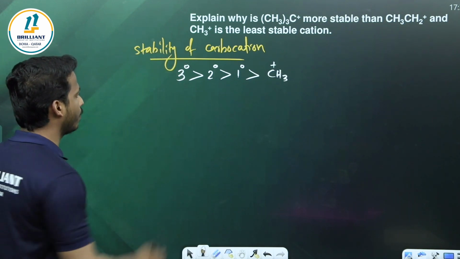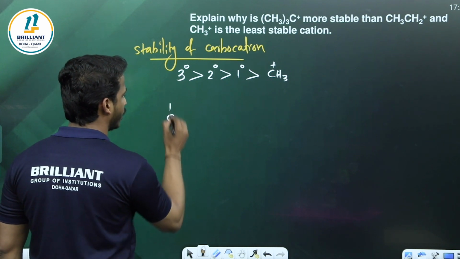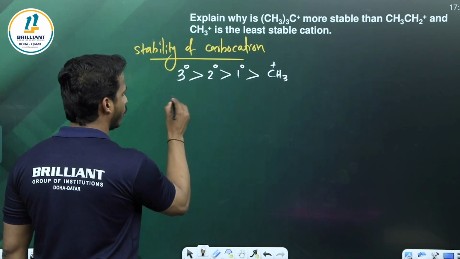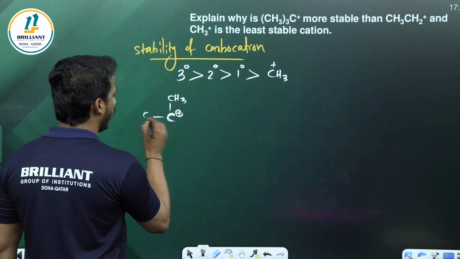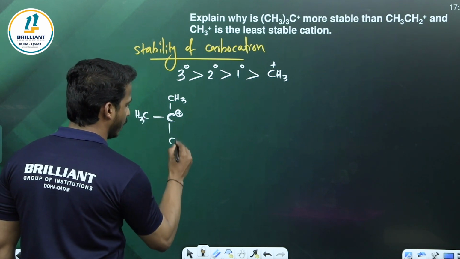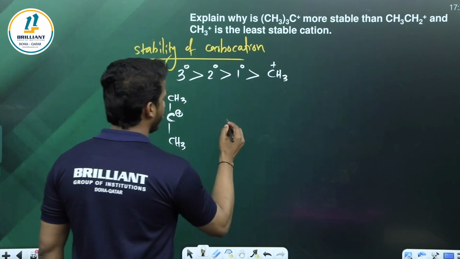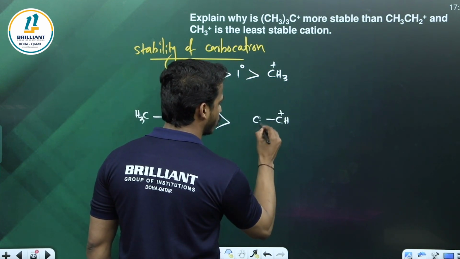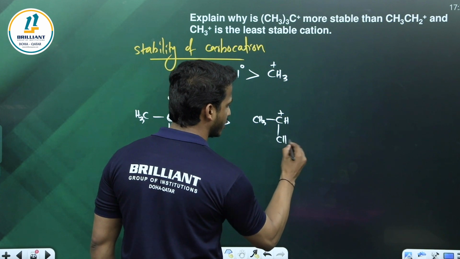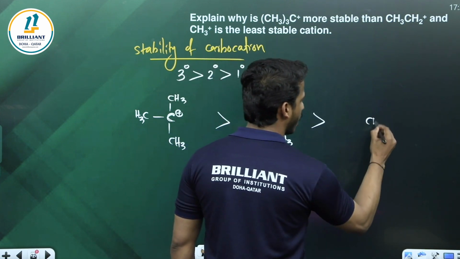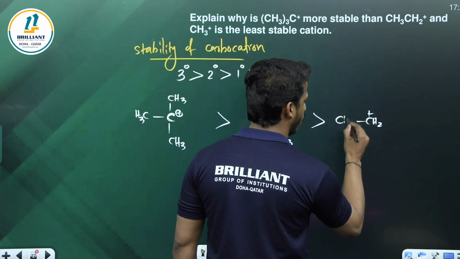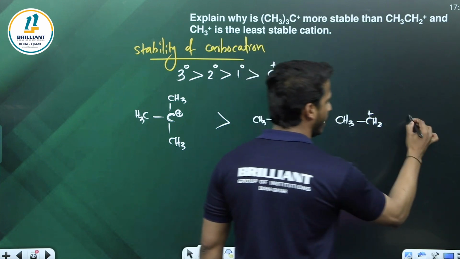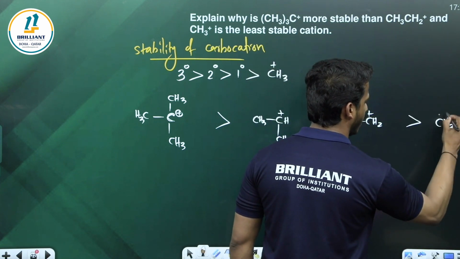Let me take one example for tertiary. Tertiary means the carbocation is directly attached to 3 carbons. This is called tertiary. If the carbocation is directly attached to 2 carbons, then it is called secondary. If the carbocation is directly attached to only 1 carbon, it's called primary. And this is just the methyl carbocation.